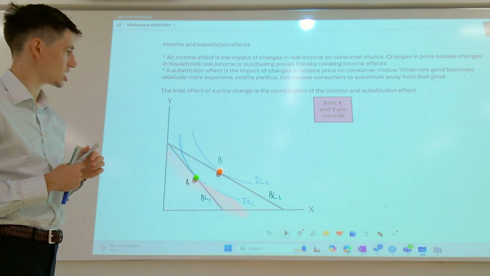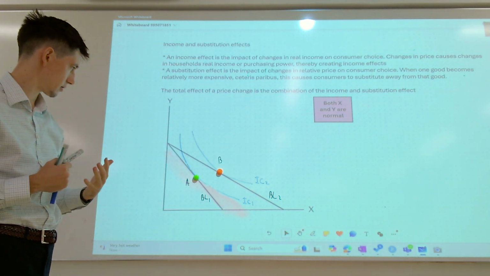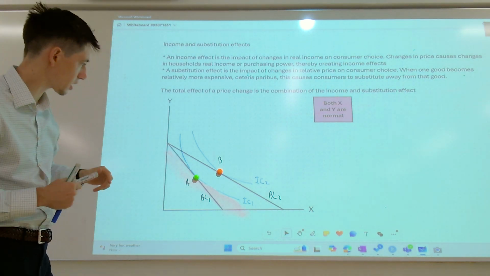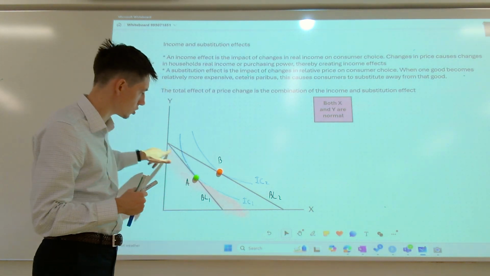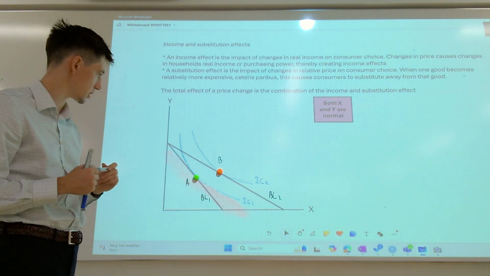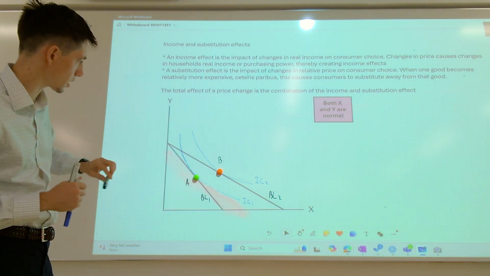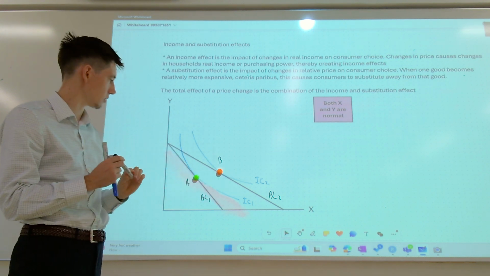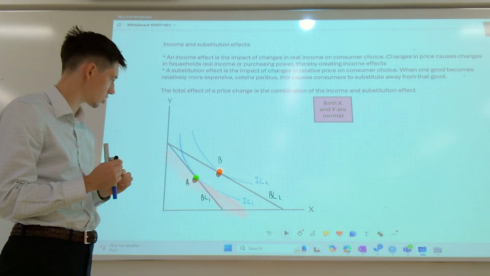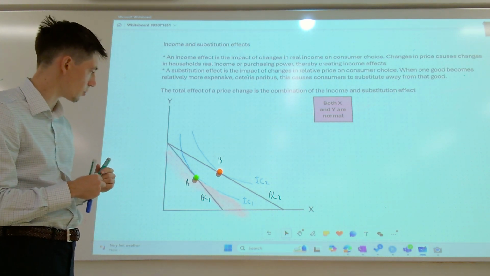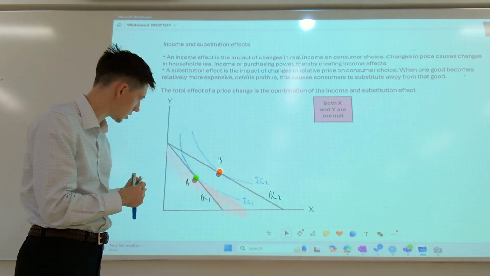So we want to change the relative prices, but keep your purchasing power the same. Well, the gradient of budget line 2 reflects the new relative prices following the fall in the price of X. So what we're going to do is move budget line 2 inwards until a utility maximizing consumer would maximize their utility by choosing a combination which lies on indifference curve 1.